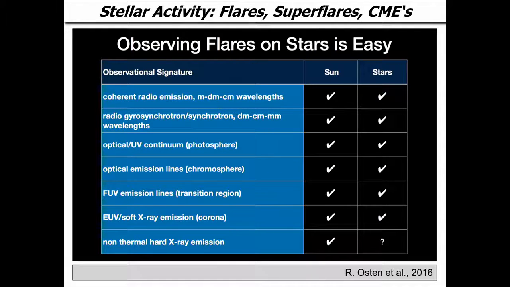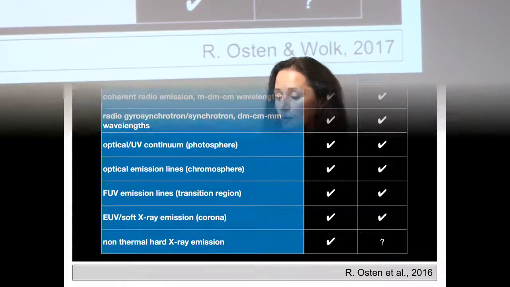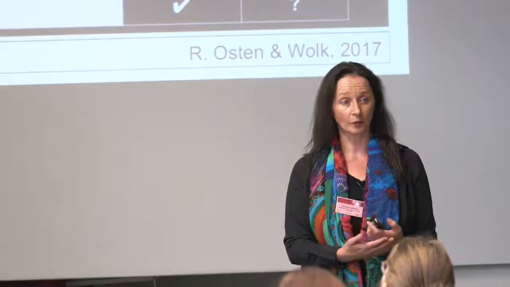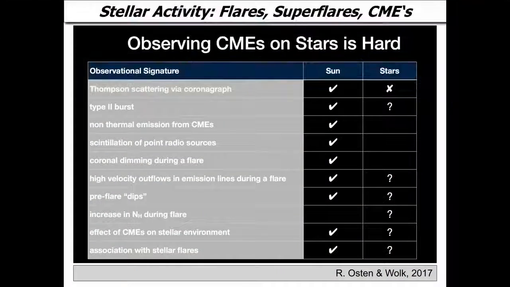But for CMEs, it is a lot more difficult. So for the Sun, we know there are CMEs, they affect us, they affect our atmosphere. But for stars, we don't know how they behave in comparison to the Sun. It is likely that they are not so different. So Thomson scattering measurements via coronagraphs are possible for the Sun, but not for stars. Type 2 bursts, which are a signature for CMEs for the Sun, can be done for the Sun, but have not been detected yet for stars.